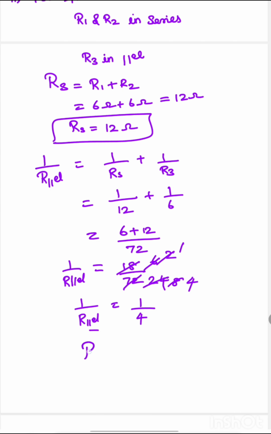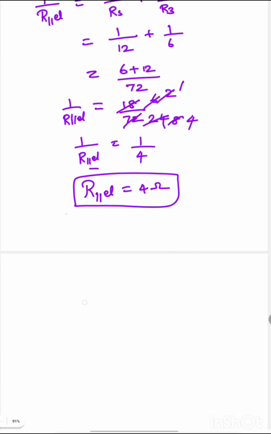Then R parallel is equal to 4 ohm. So to get the value of resistance 4 ohm, we have to connect two resistors in series and one resistor in parallel.